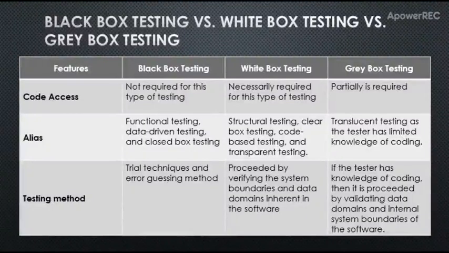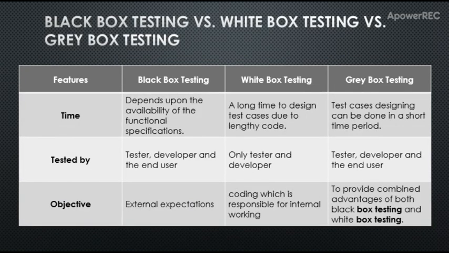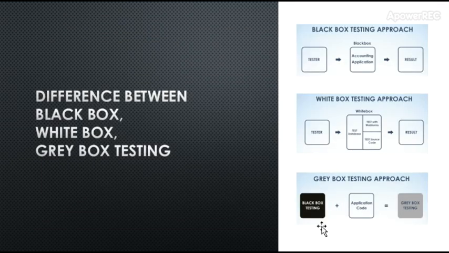Difference between black box testing, white box testing, and gray box testing. There are some differences between the three methods, and it's very extensive to understand each one, but we can see the principal keys.